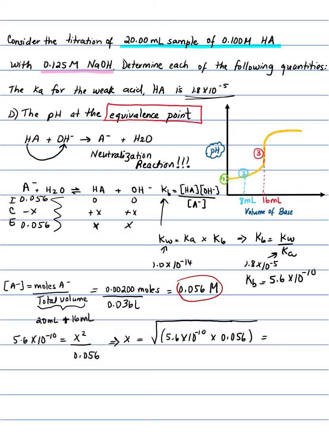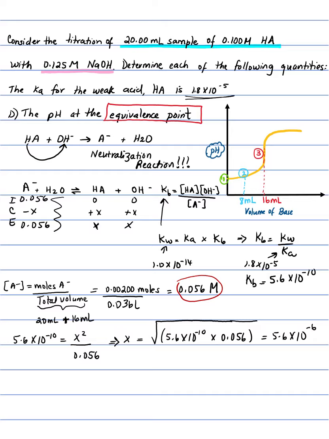So I have square root 5.6 times 10 to the minus 10 times 0.056, which gives 5.6 times 10 to the minus 6. That's the value of x. What the value of x is telling you is the concentration of hydroxide.